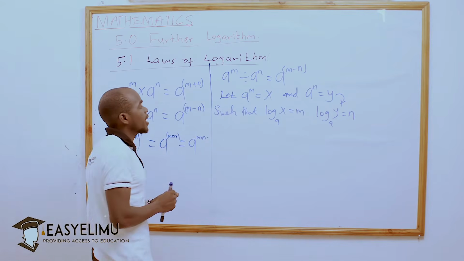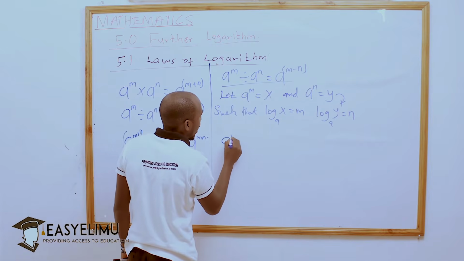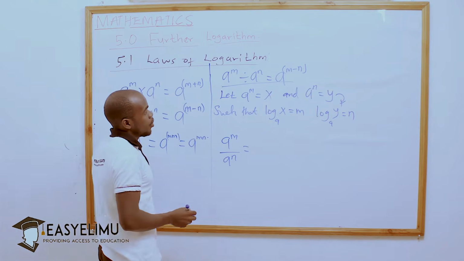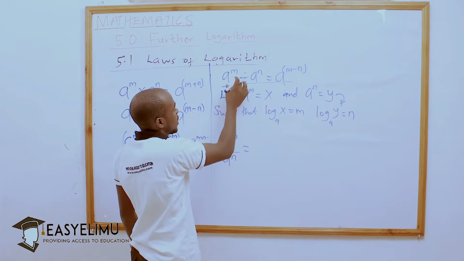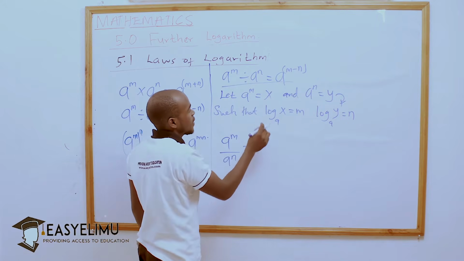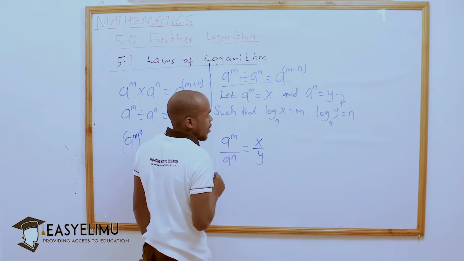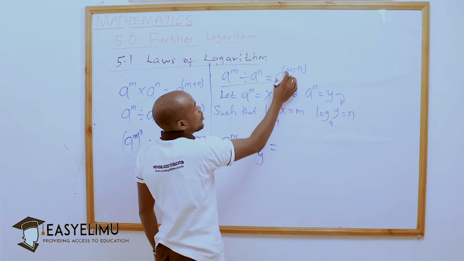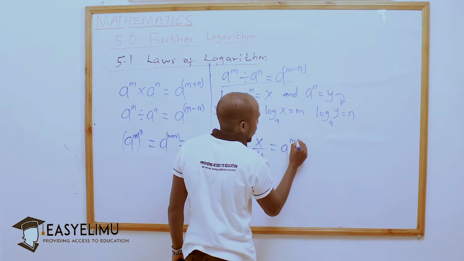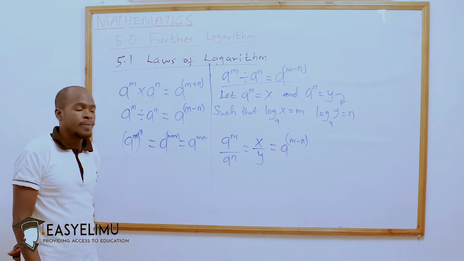So with that, we can come to our equation up here and say that if you take a^m divided by a^n, since a^m is x and a^n is y, it's like taking x divided by y, and this one will give you a^(m-n).